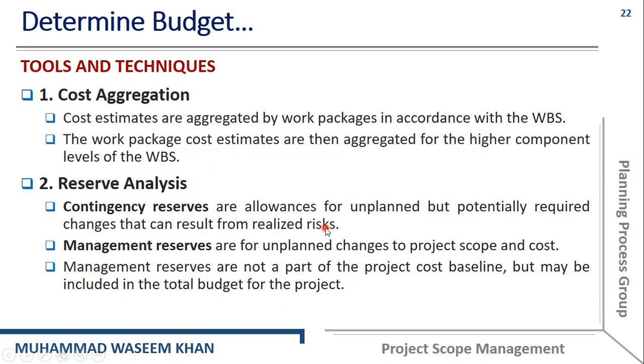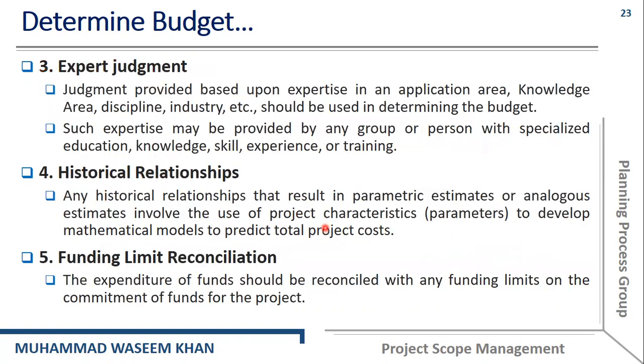So contingency reserves are kept for the risks that have already been realized and identified. And management reserves are those reserves that are usually kept for the risks that are not realized yet. These are the two basic reserves, and we have already discussed reserve analysis in the previous chapter, that is project schedule management.